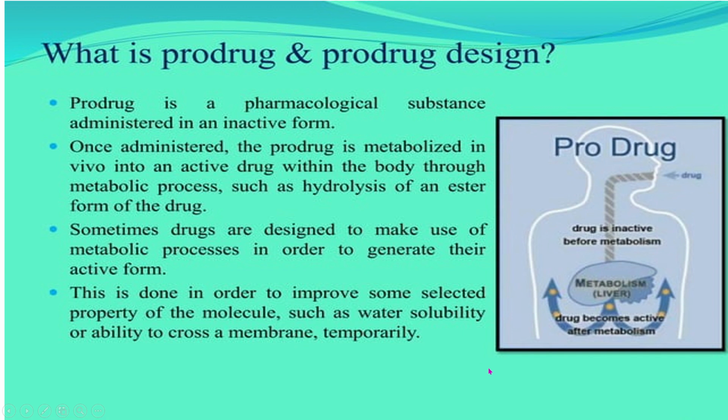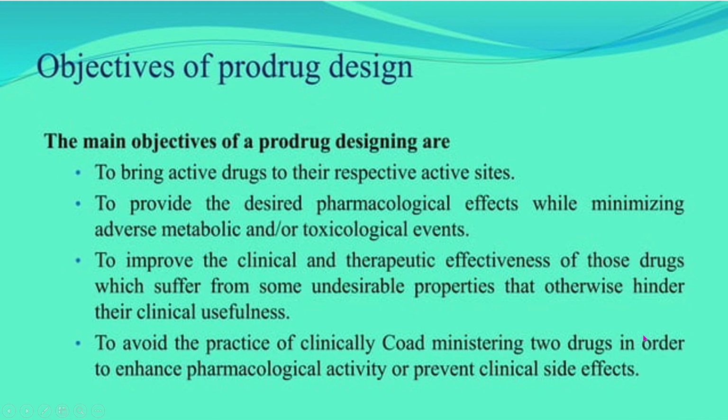So in order to cross the biological membrane, we go for the design of a prodrug. Basically, the drug is administered in the inactive form, but through metabolic biotransformation processes in the liver, the drug becomes active after metabolism.